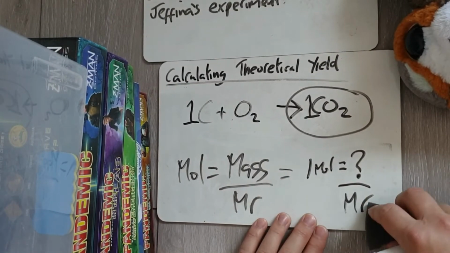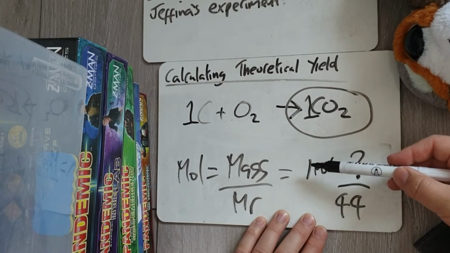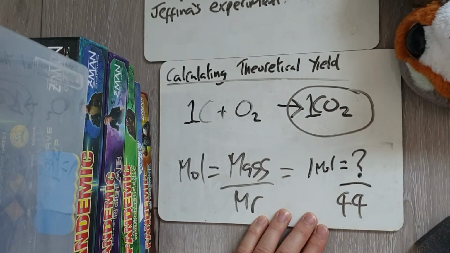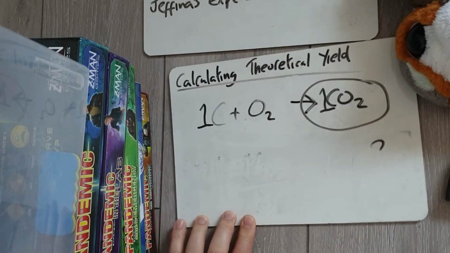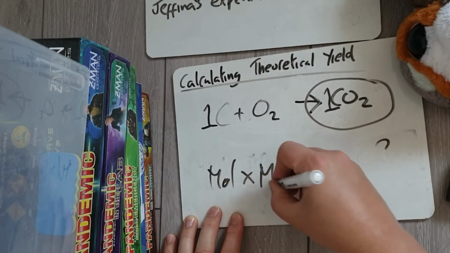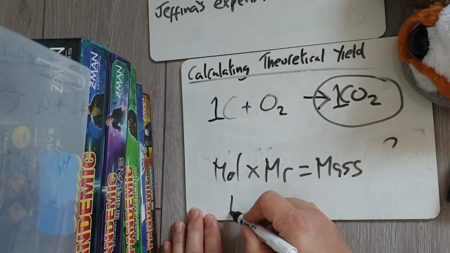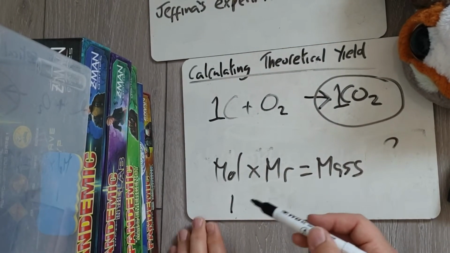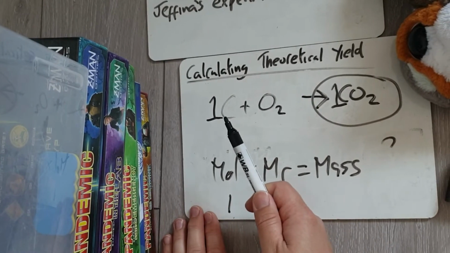So we go back to this one. The Mr is 44, so 1 equals something divided by 44. We rearrange that and you get moles times Mr equals mass. Moles we know was 1. Rewind the video if you want to see where that 1 came from, but it was 12 grams of carbon. We worked out that was 1 mole.